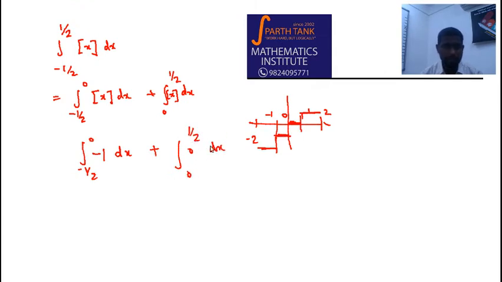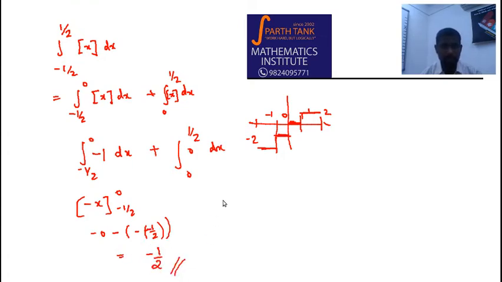So this integral is 0, and here I get minus x from minus 1 by 2 to 0. So the upper limit minus 0 minus of lower limit minus of minus 1 by 2. Be very careful. You get as minus 1 by 2 in the end. So the answer is minus 1 by 2.